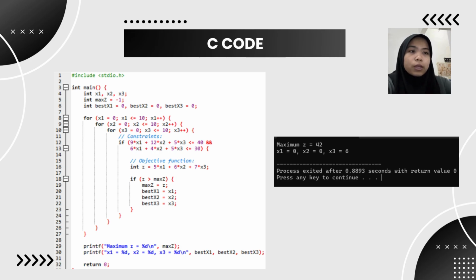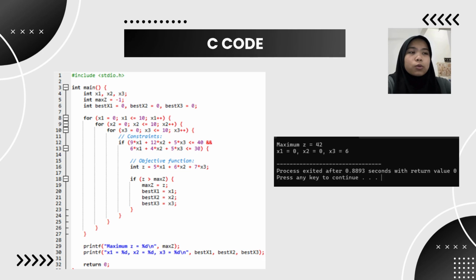The first one is 9x1 plus 12x2 plus 5x3 less than or equal to 40, and the second constraint is 6x1 plus 4x2 plus 5x3 less than or equal to 30, and all the variables x1, x2, x3 are integers greater than or equal to 0. So since this is a relatively small problem, we can use a brute force method where we will be trying all possible integer combinations of x1, x2, and x3 within a reasonable range.